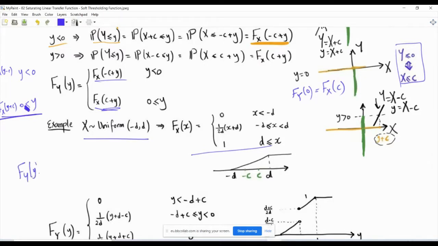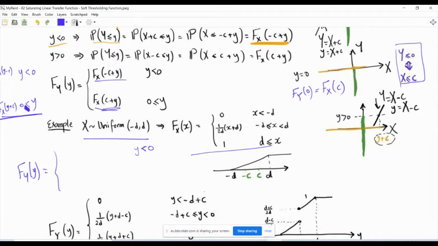So F of Y equals, and then y less than 0. If y is less than 0, you will put it here, right? So y is something negative, and with a minus c, it's minus c minus something. So what is the CDF of x?